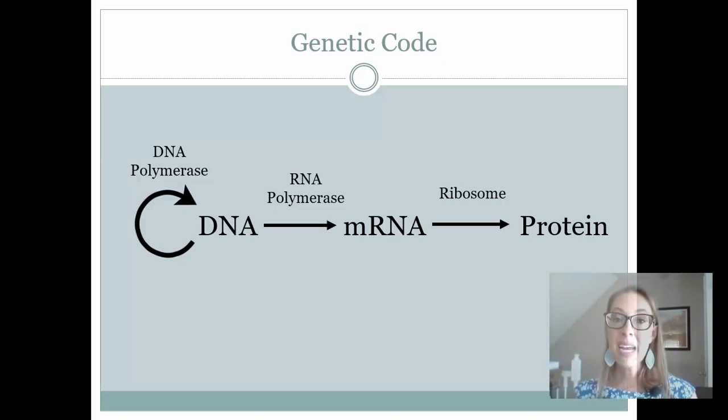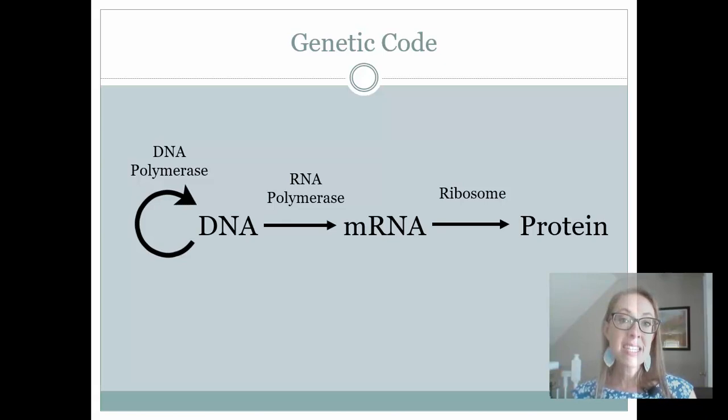All right, so let's kind of rehash what we know about the genetic code. We said that we need to use our DNA in 2 ways. First, we have to be able to copy it so that when we undergo binary fission, both daughter cells have the correct genetic information. DNA polymerase is going to be the enzyme that does this.